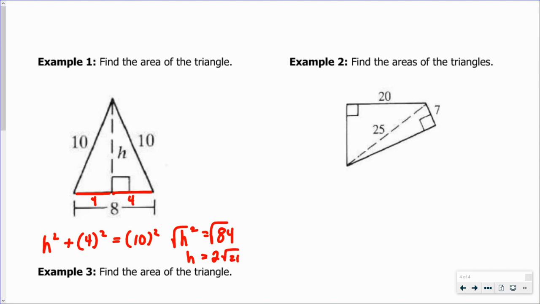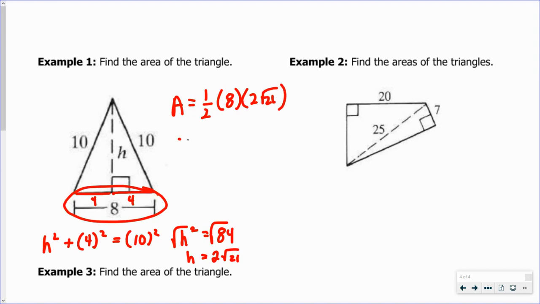You could take a decimal approximation at this point, but I'm going to wait until the end. So the area is 1/2, the base is this entire base right here, 8, and the height is 2 root 21. Calculating this out, we get roughly 36.7 square units.